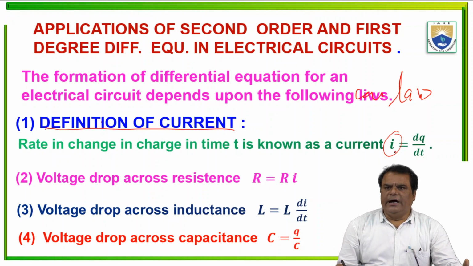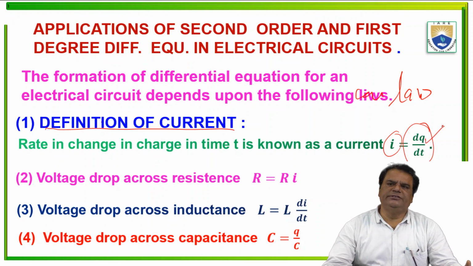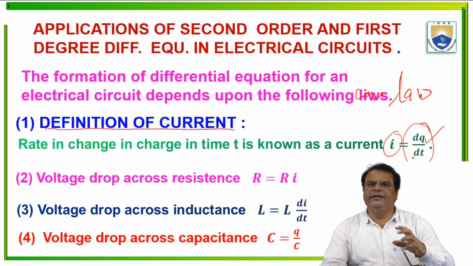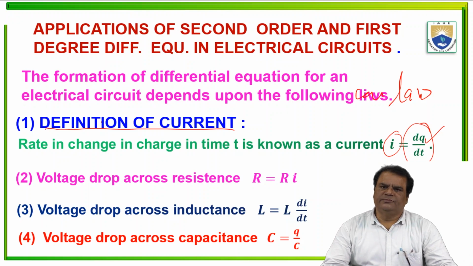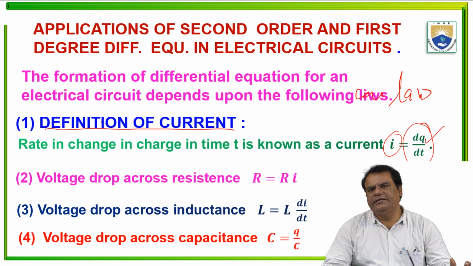So I equals dq over dt. dq over dt means rate of change of charge, or we can say the ratio of difference in charge and difference in time.